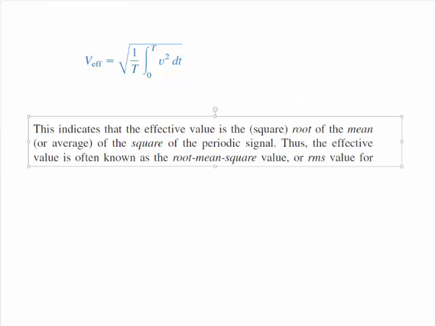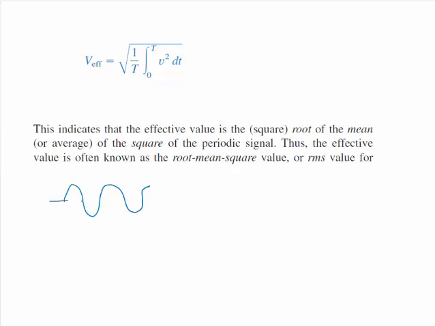So looking at what would happen in a periodic signal. If I have a periodic voltage signal, it looks like that, usually centered about 0. That's volts, that's time. So that's a cosine omega t. The first thing you want to do is square the function, so it's going to be cosine squared omega t.